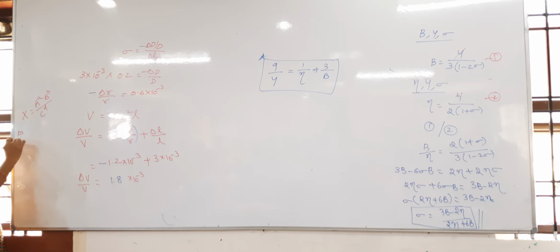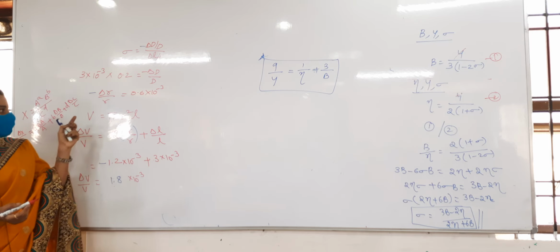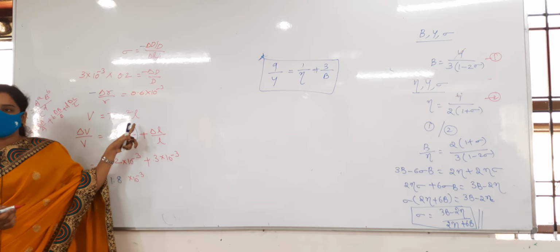Delta x by x is equal to a into delta a by a, plus b into delta b by b, plus d into delta c by c. Plus only. You should not apply the minus, error should always be added, so you have to take it as plus. So here V is equal to pi r square into L.